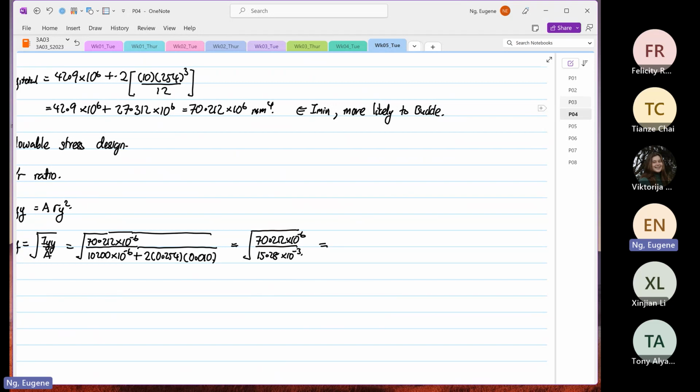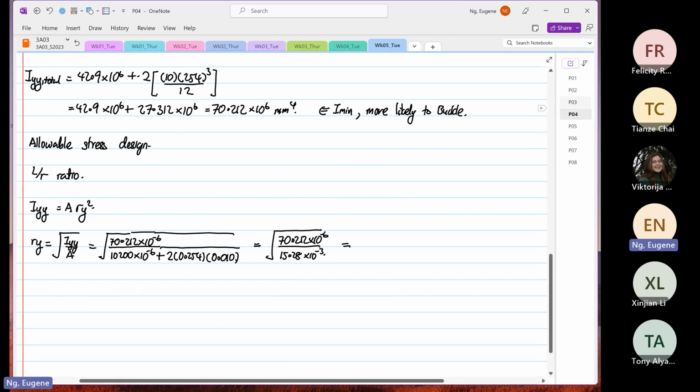The square root of the whole thing is equal to 67.786 times 10 to the power minus 3 meters. When you check, the answer is 67.995. The difference is that our area is different and our top is different, but we're not so far away.